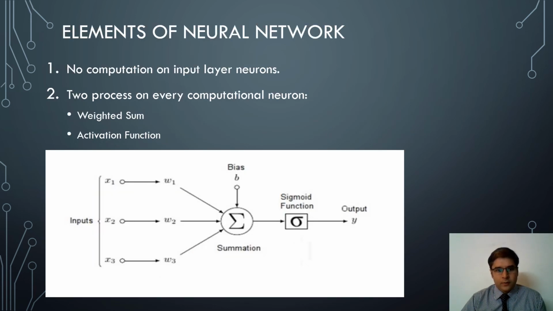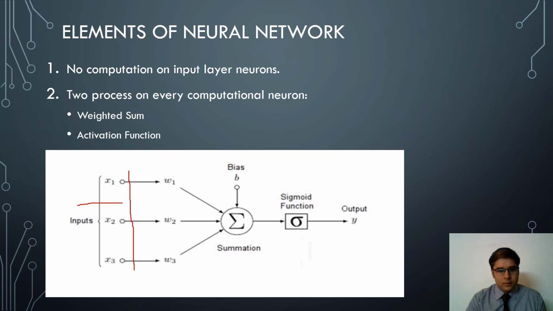Elements of neural network. There is no computation on input layer neurons. That is the first step. And the second step is two processes on every computational neuron, that is the weighted sum and the activation function. I'll discuss them in coming slides. But suppose this is the input layer, and these are the inputs being fed to the input layer: x1, x2, x3.